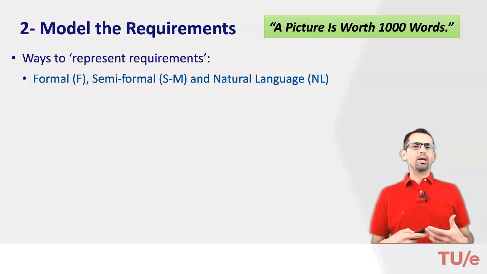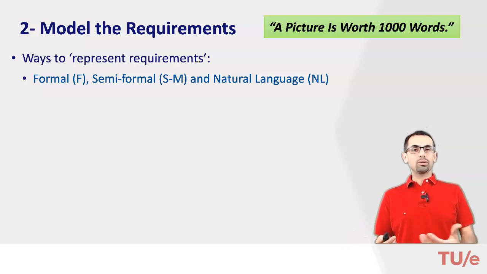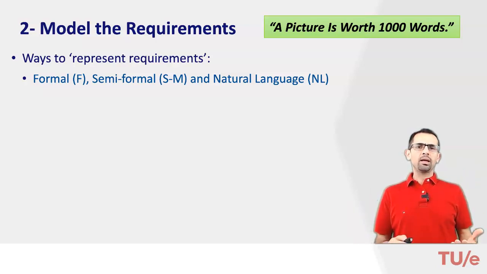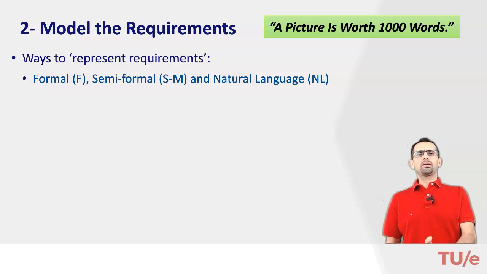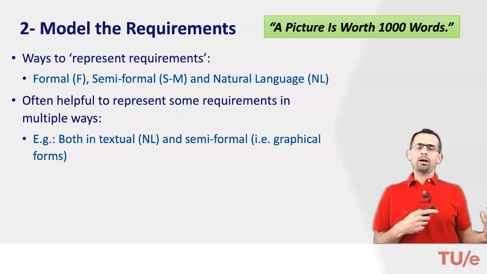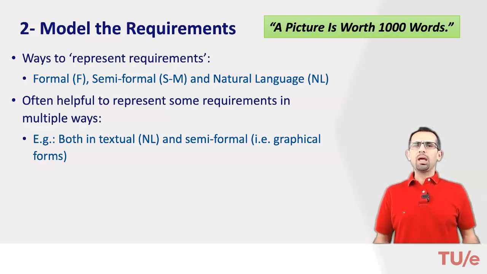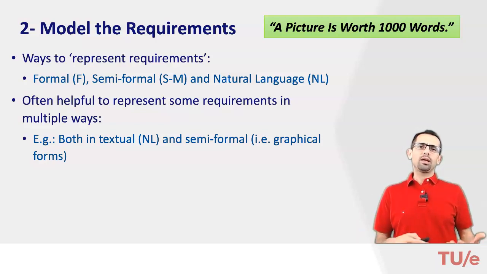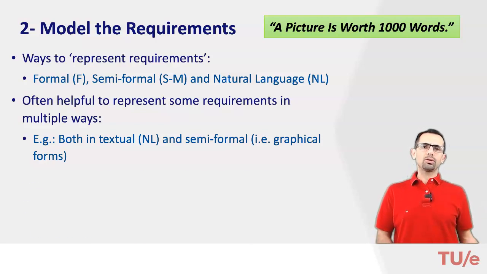So if you're developing a mission control system, I don't know, an aircraft system, then it's a very good practice to use formal ways to represent requirements. But if you're talking about an IT system that facilitates business, in many cases using both textual and graphical forms is the common way to go forward.